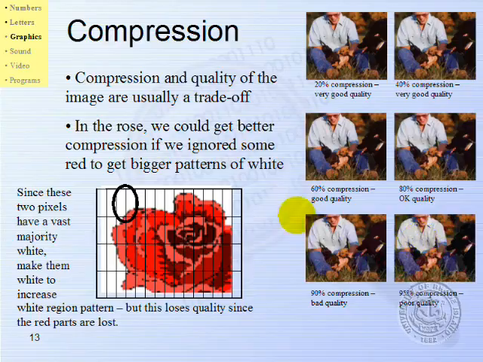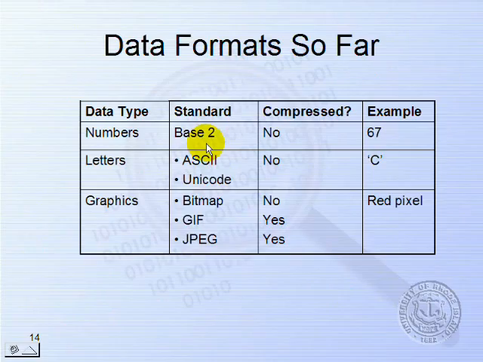So this concludes our looking at graphics. In part 2 of our talk on data in the computer, we will look at sound, video, and programs. Before we end, let's just review what we've seen so far. We went through 3 data types: numbers, letters, and graphics. We see that the translation of these data types that humans like to use into the binary that computers like to use follow standards.